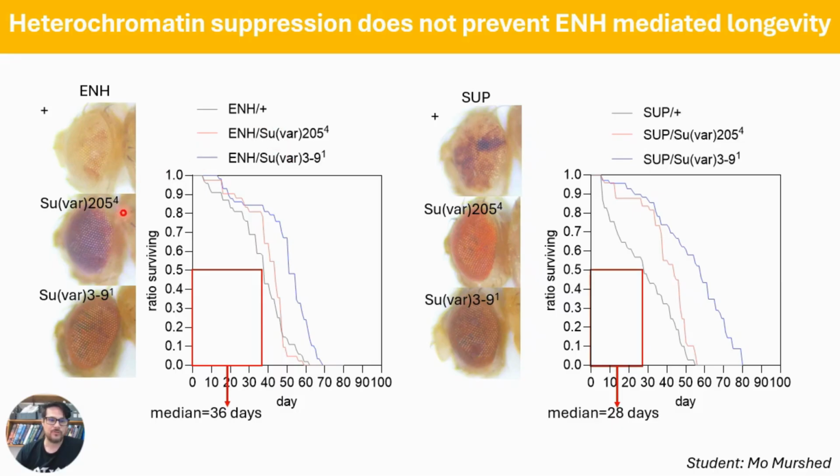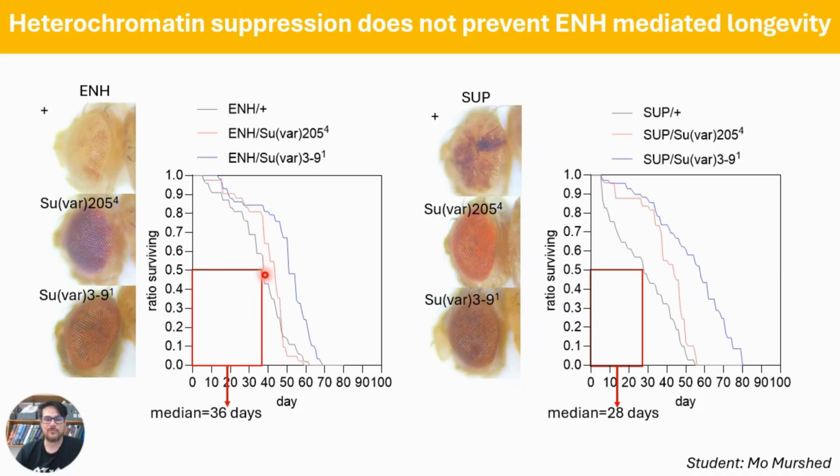And if we introduce those mutations, we would lead to suppressed variegation, less heterochromatin formation, which we can see here, which should suppress the longevity increase that these ENH flies have.